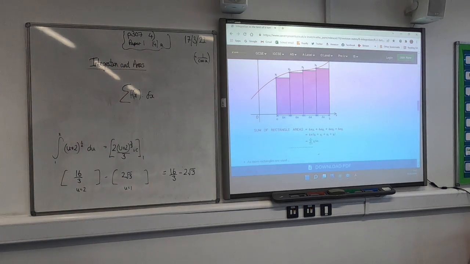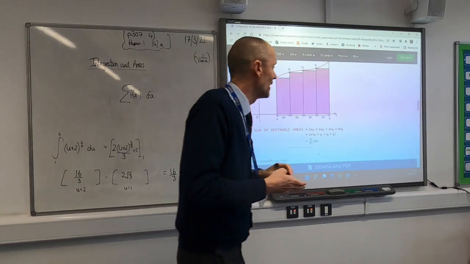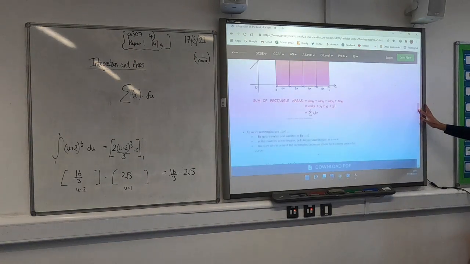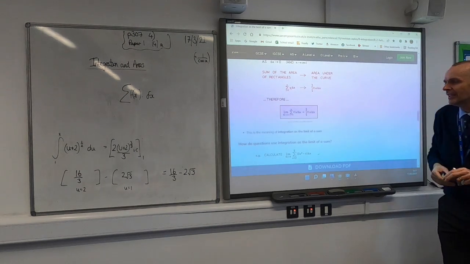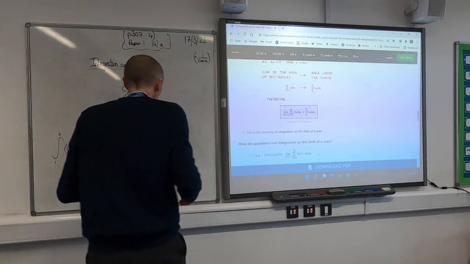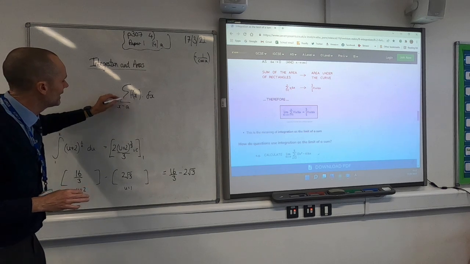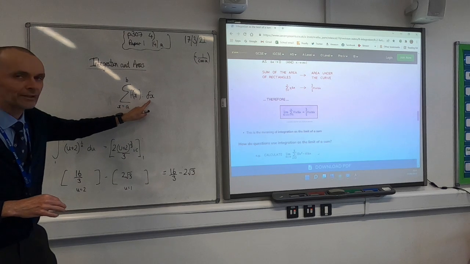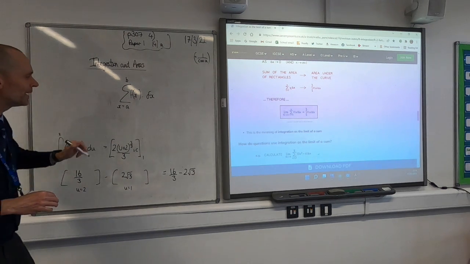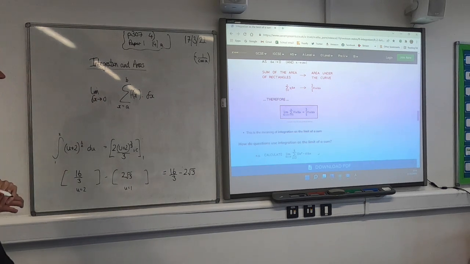And to get the best estimate possible, we make the width of the rectangles as small as we possibly can. Small rectangles, lots of them, we get a better estimate. So if we want to work out the area under a curve by breaking it into rectangles, say between A and B, we can do it by adding up lots and lots of areas of rectangles and by making dx almost 0.